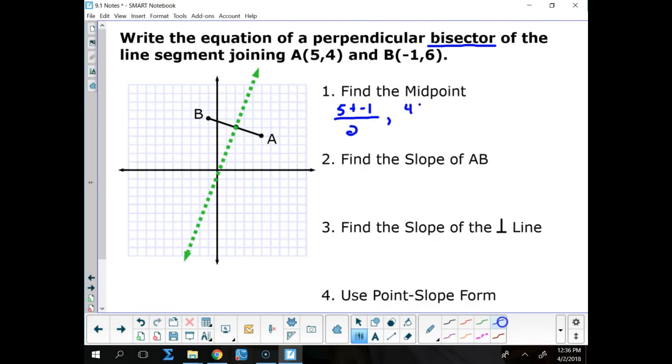I would take the y values, add them together, and divide by 2. So the midpoint here is 5 plus negative 1 is 4. 4 divided by 2 is 2. 4 plus 6 is 10, divided by 2 is 5. So the midpoint here is the point 2, comma 5. Do we all agree with that?